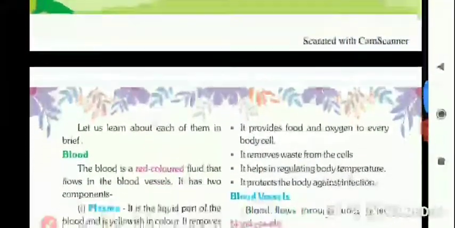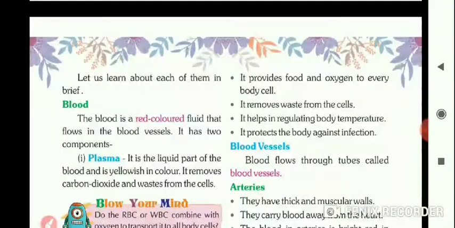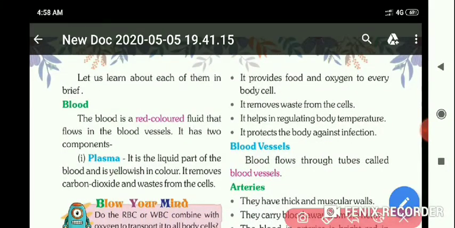So for the function of blood, see, number 1 point, it provides food and oxygen to every body cell. Point number 2, it removes waste from the cell. And point number 3, it protects the body against infection. As you have to write down 3 points, so write down first point, second point, and third point. Now next question.